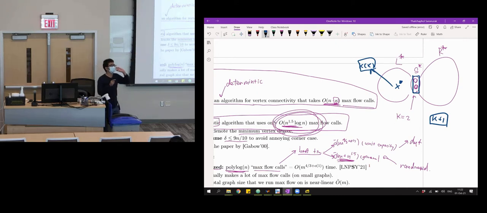So one thing that works for sure is that if you are given some parameter k and you want to know if min cut kappa is less than k or not, you can choose k plus 1 nodes. So we need an upper bound. If you have an upper bound, then we should be fine. But if we don't have an upper bound, we can just keep choosing round by round.